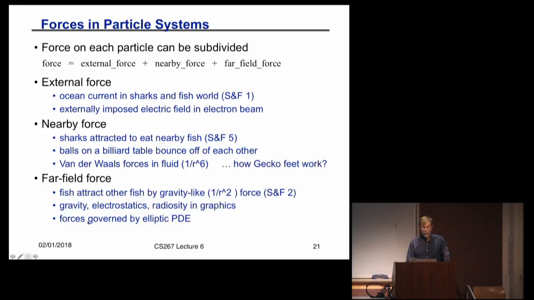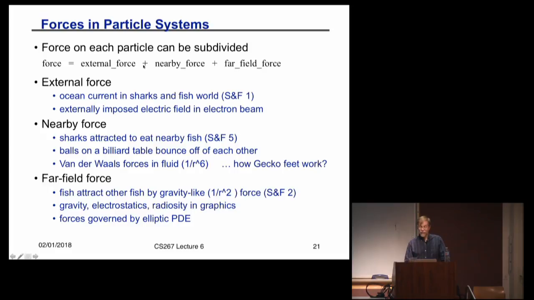But it turns out that any kind of force, as long as it gets smoother the farther away you are, and that's true of most forces in nature, and anything governed by an elliptic partial differential equation, if that's familiar terminology, you can use this trick to get the cost down from order n squared to order n. It all scales linearly. But we'll have a whole lecture on that later. That's a deep topic, but I just want to make you all aware of it today.